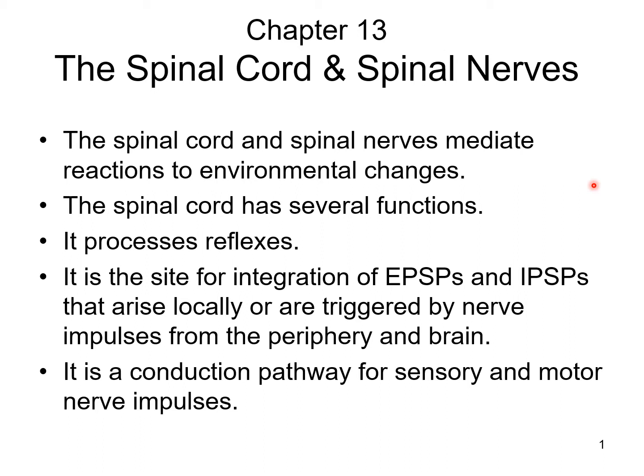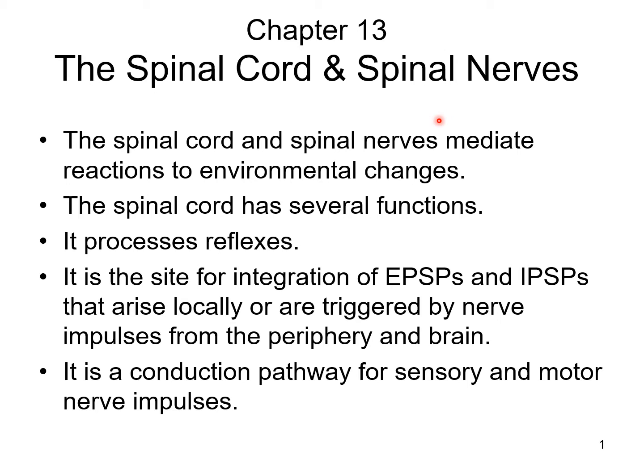The spinal nerves are nothing else but connections to and from the spinal cord. Nerve impulses will have to enter and exit the spinal cord, and spinal nerves, part of the peripheral nervous system, are going to serve that purpose.